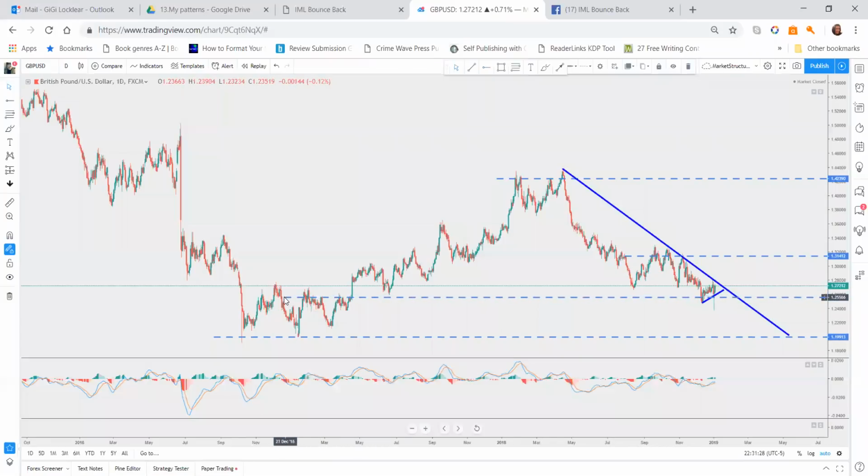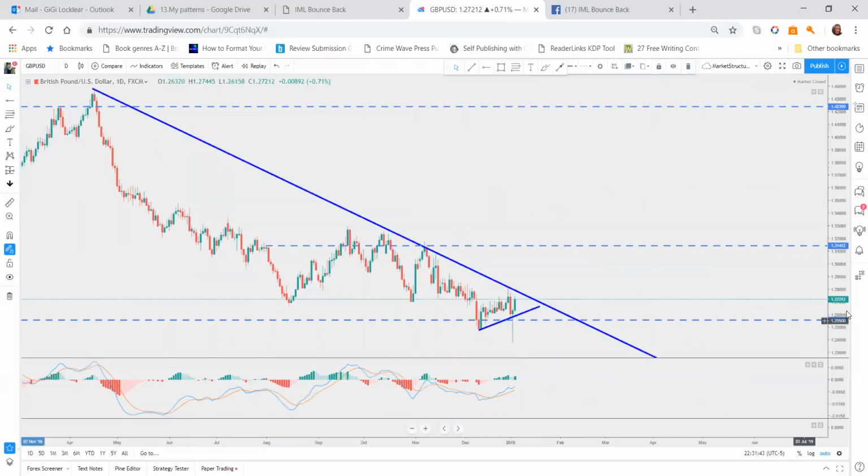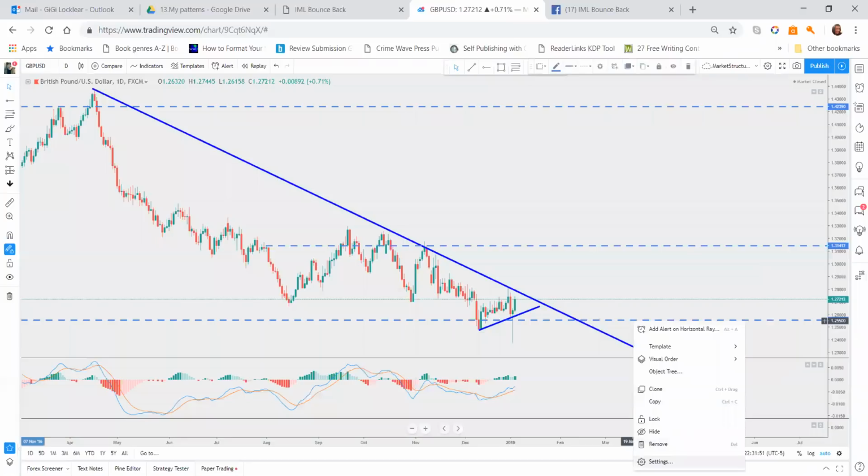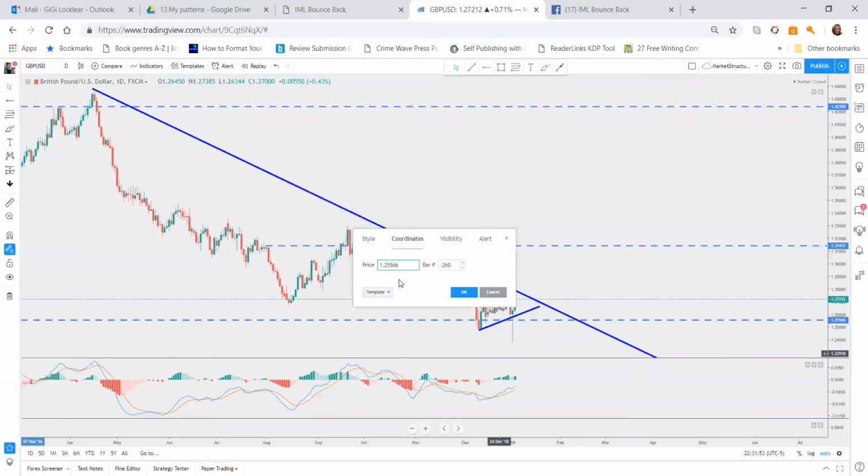Again, supply is where sellers take control of the market, and demand is where buyers take control. The buyers take control here and here. Okay. I like to make mine good, even prices. Settings 122.5. Make this 126.